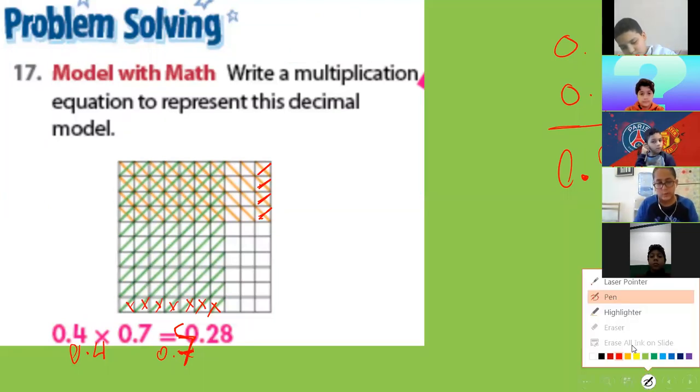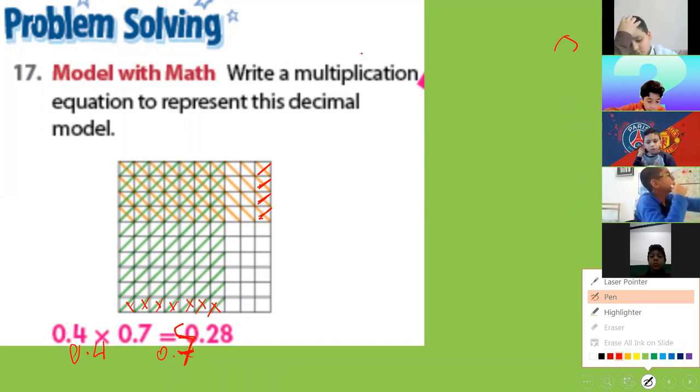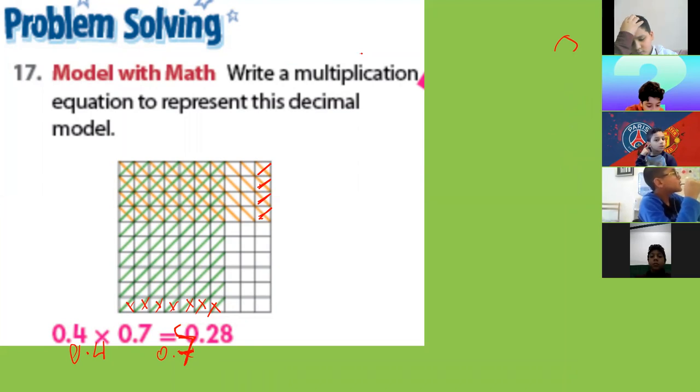Abdurrahman, solve the last question. What's your question, Abdurrahman? If it takes a long time, we have 2 minutes. No, I will ask you fast. Why, when we colored the yellow, did we color the green at the same time?